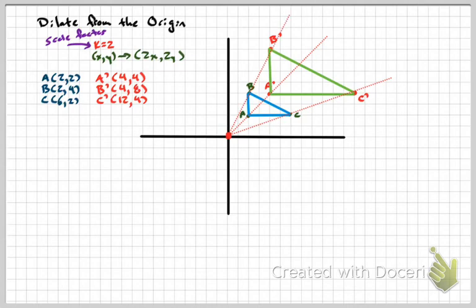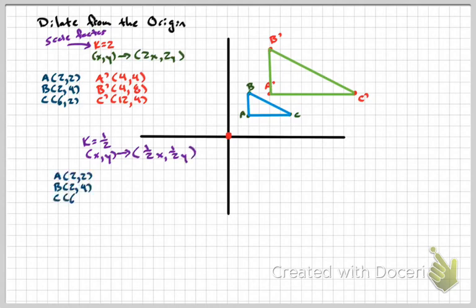So let's do a reduction now. Okay, with a scale factor of 1/2. The same rule applies. So let's use the same points, A, B, and C, but now our scale factor is 1/2, which means that is a reduction, which means our shape should now be getting smaller. Okay?